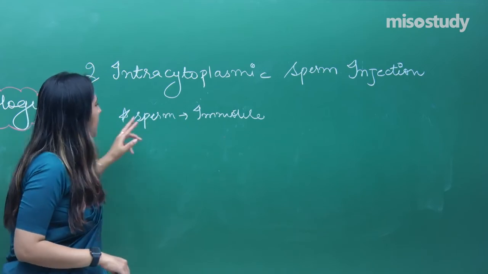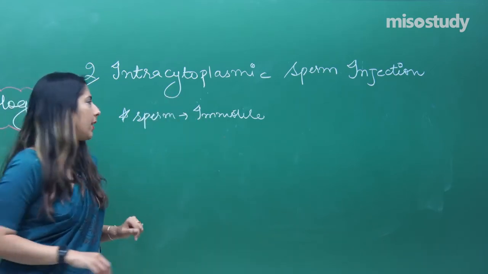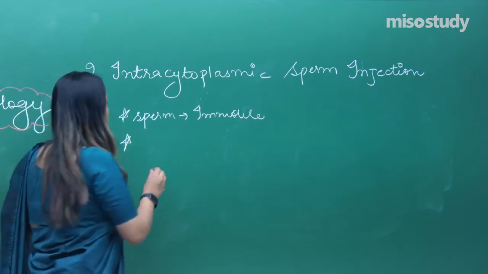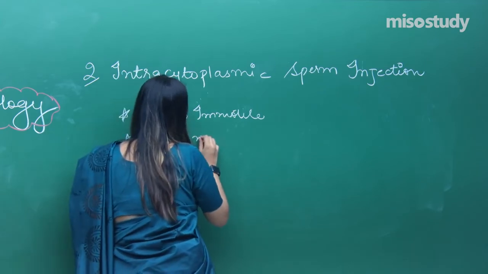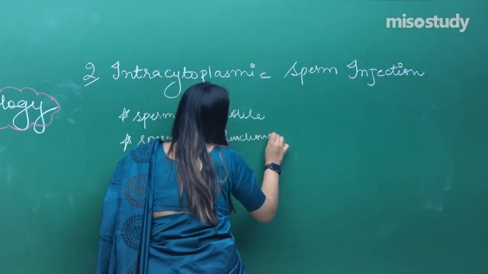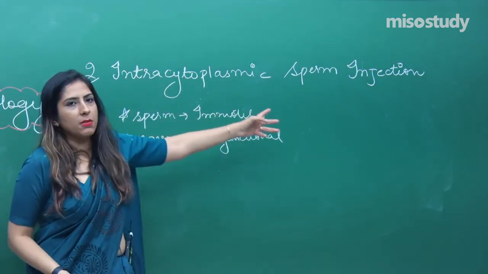So in this case the couple can go for intracytoplasmic sperm injection. In the second case, when the sperm is not functional, the couple can also go for intracytoplasmic sperm injection.